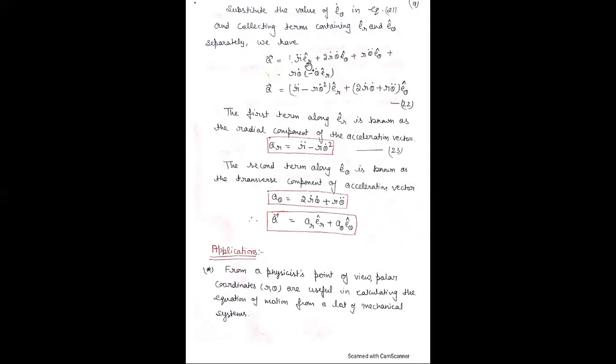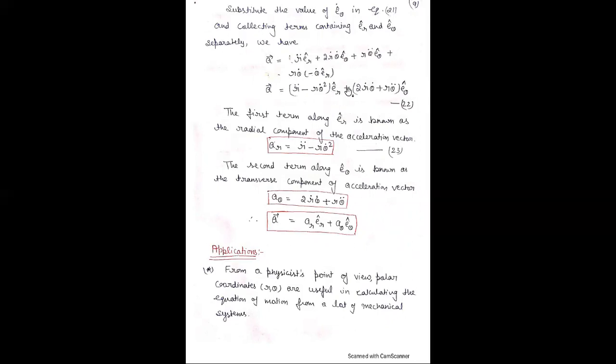Now taking common er from this equation and this equation, the resultant is r double dot minus r theta dot square, plus here e theta, taking common e theta, the terms are 2r dot theta dot plus r theta double dot, and unit vector e theta. The first term here along er and the second term along e theta.